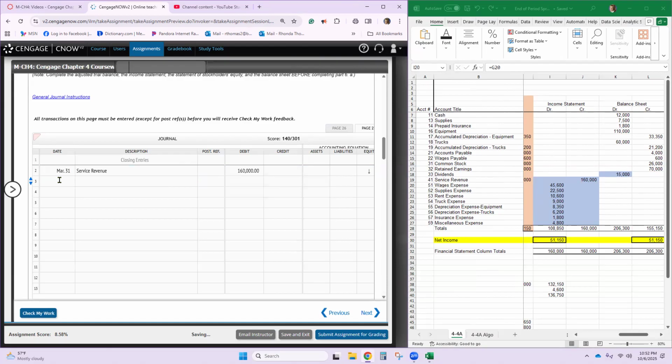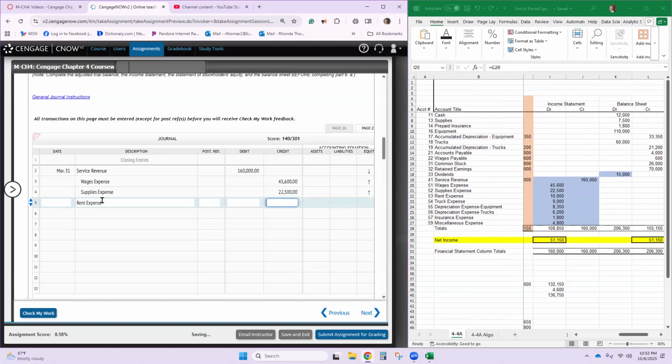Now we're going to put in all of our expenses and credit them for the amount that they show as a debit. So I'm looking at, be careful. We've got supplies expense. It's a credit of $22,500. Then we want rent expense.